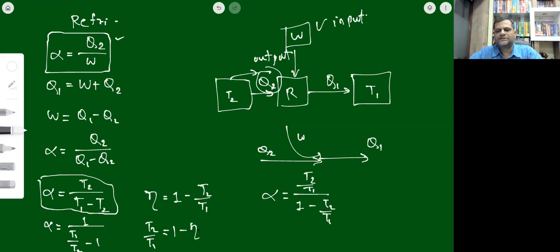So if we replace this T2 upon T1 by 1 minus eta here, then we can get the relationship between eta and alpha. That is 1 minus eta divided by 1 minus 1 plus eta, 1 gets cancelled, and we are left with alpha is equal to 1 minus eta upon eta.